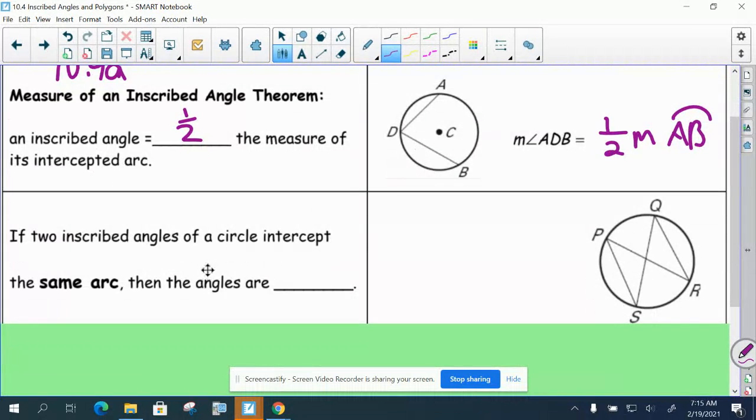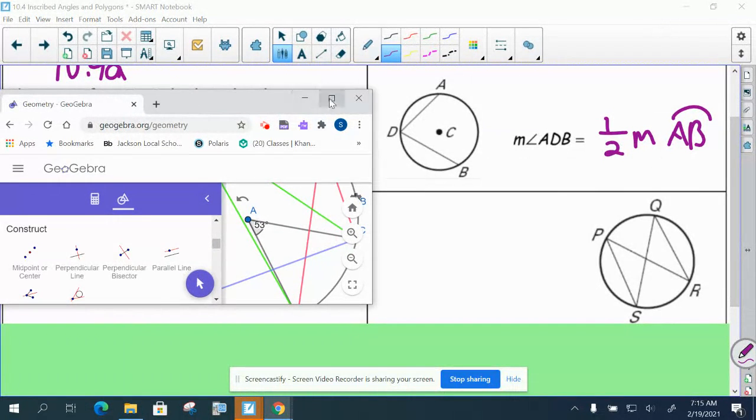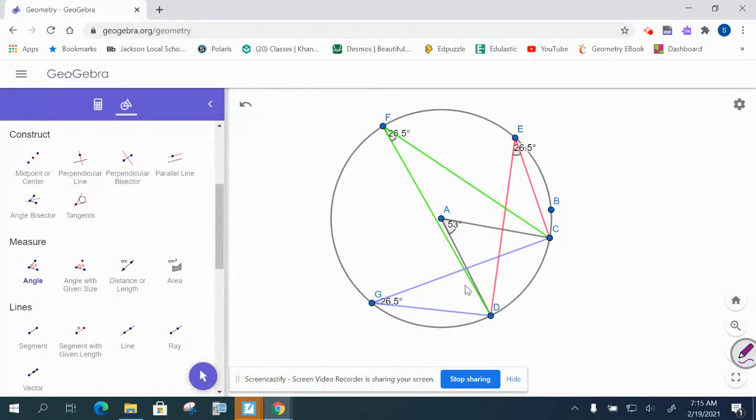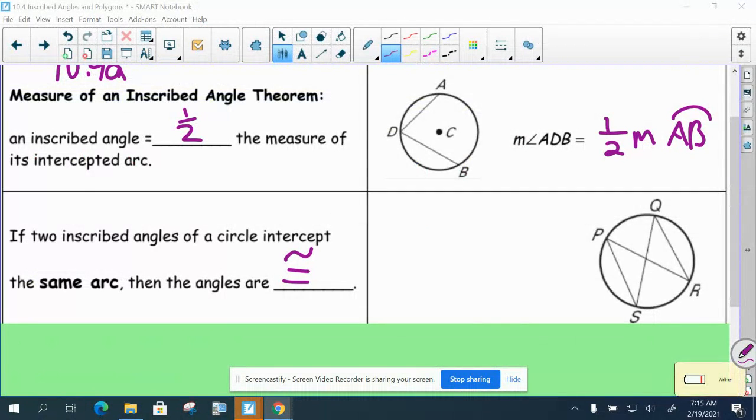If two inscribed angles of a circle intercept the same arc, then they are congruent. So that's basically what we did here. We had 3 inscribed angles and they all intercepted the same arc, so they were all congruent. There's a couple different situations here. We could look at arc PQ.